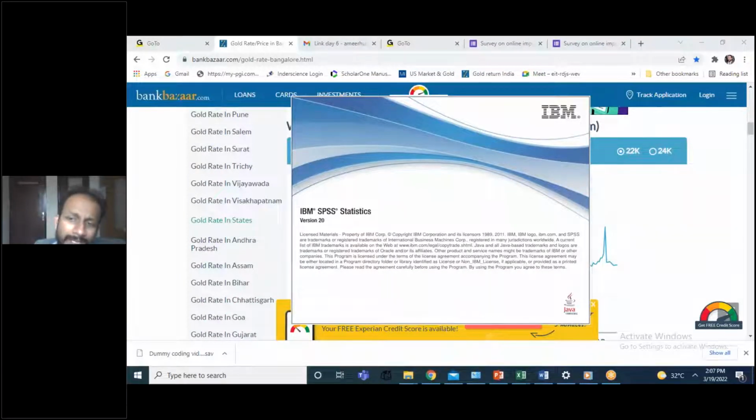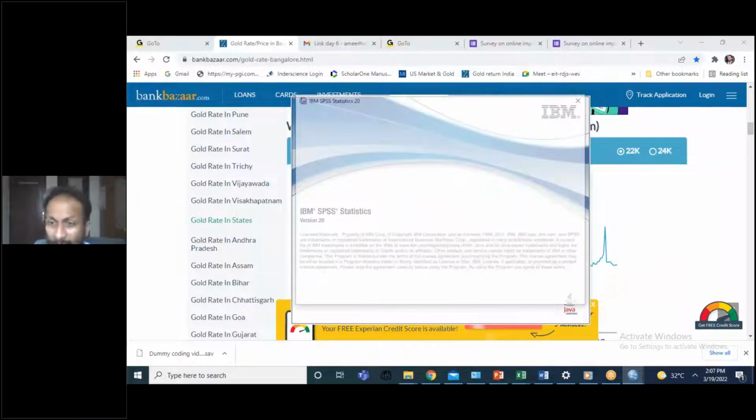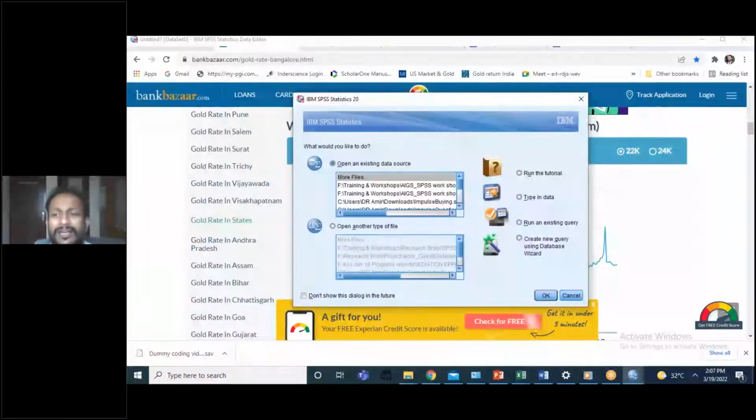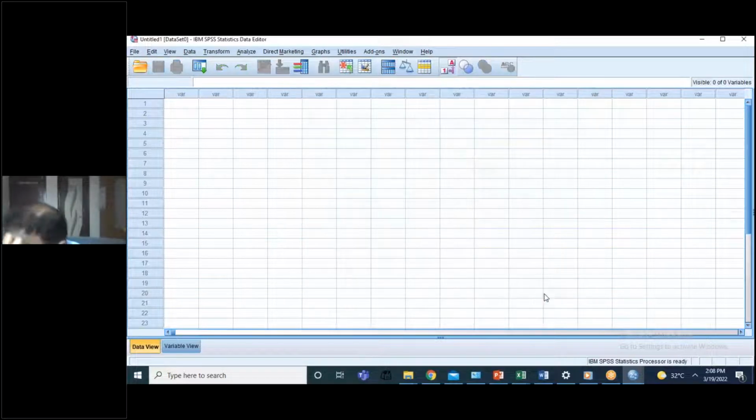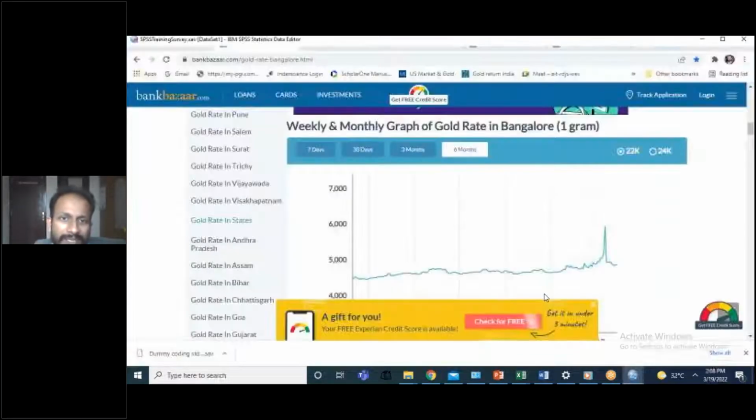Bivariate means we are analyzing two variables, like crosstab, chi-square, correlation, simple linear regression. These are all bivariate analysis where we analyze two variables. And then we have multivariate analysis. Normally we use this term for analyzing more than two variables. For this we use things like factor analysis, cluster analysis and so on.